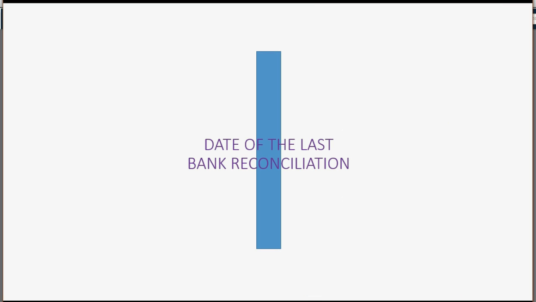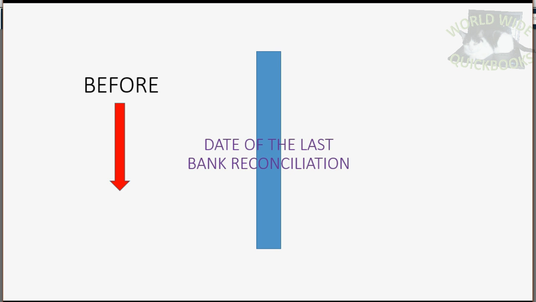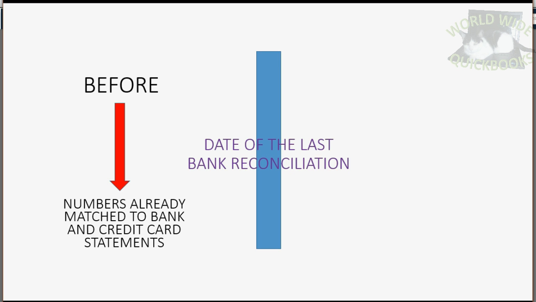As of the date of the last bank reconciliation, you're not supposed to change anything before that. That's because any transaction in a bank account or a credit card account before the date of the last reconciliation has been matched perfectly to the statement of the bank or the credit card.